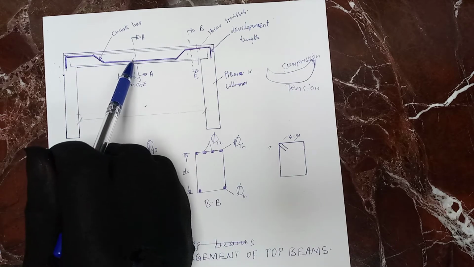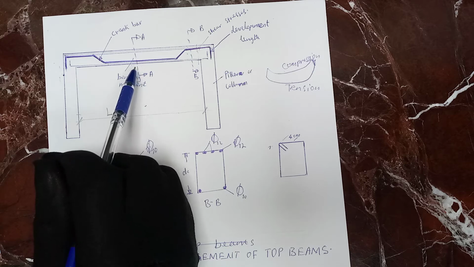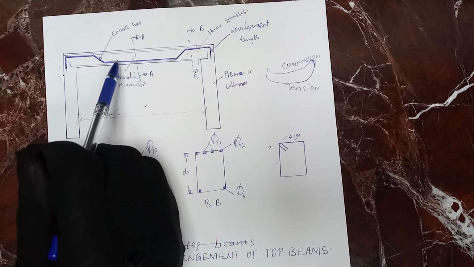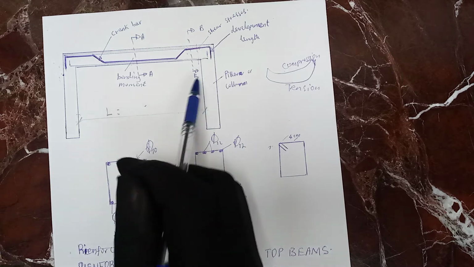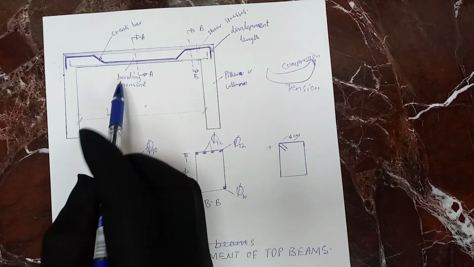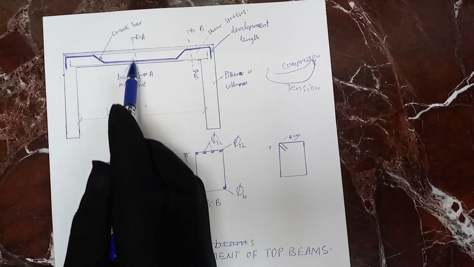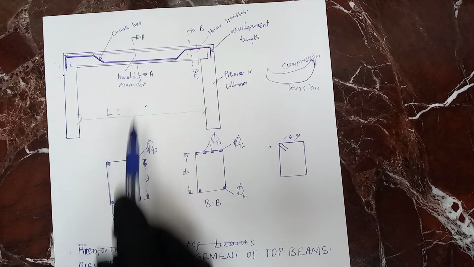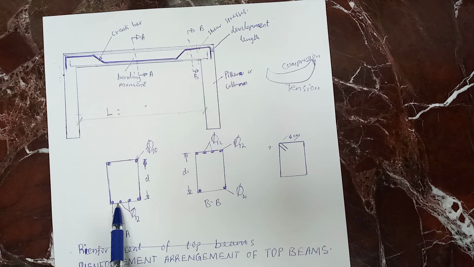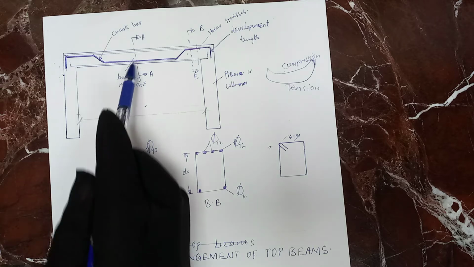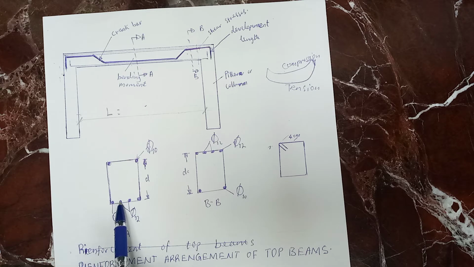And this crank bar is provided to resist the bending moment, from this cutting, where we have cut the first cutting. These two that you are seeing at the center are always provided with rod 12.